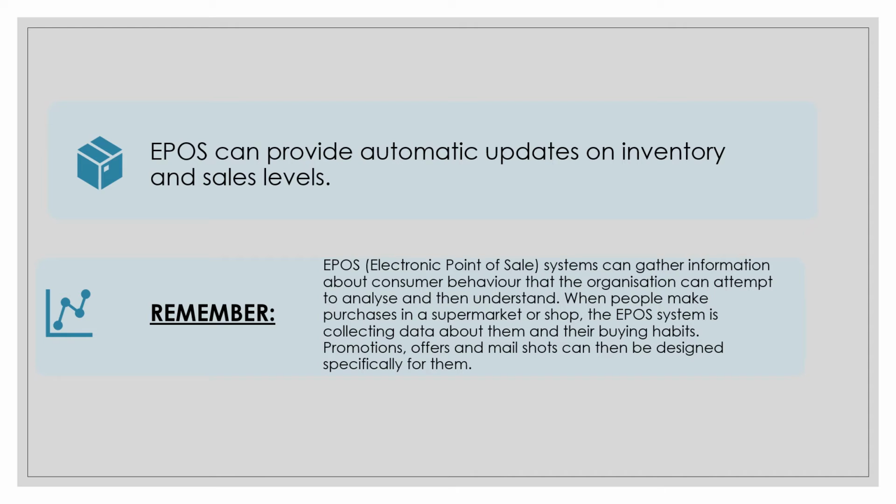Promotions, offers and mail shots can then be designed specifically for them. So remember, it's like when you are using your loyalty cards, your Tesco Clubcard, when you're in a shop. That monitors everything that you're buying in those shops, and then they send specific deals catered to you. So if you're always buying this specific loaf of bread, then they will send you a money off voucher for that specific brand.